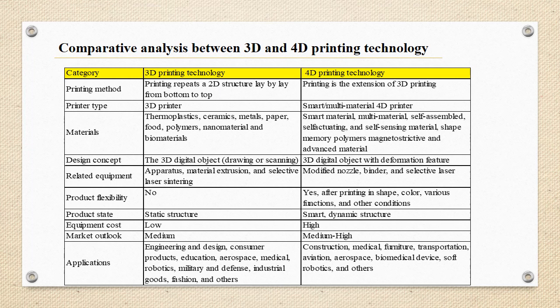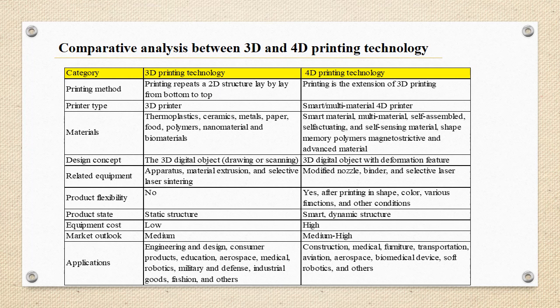The equipment required is material extrusion and selective laser in 3D printing, and a modified nozzle, binder, and selective laser in 4D printing. Product flexibility is very low in 3D printing, and in 4D printing product flexibility is present.